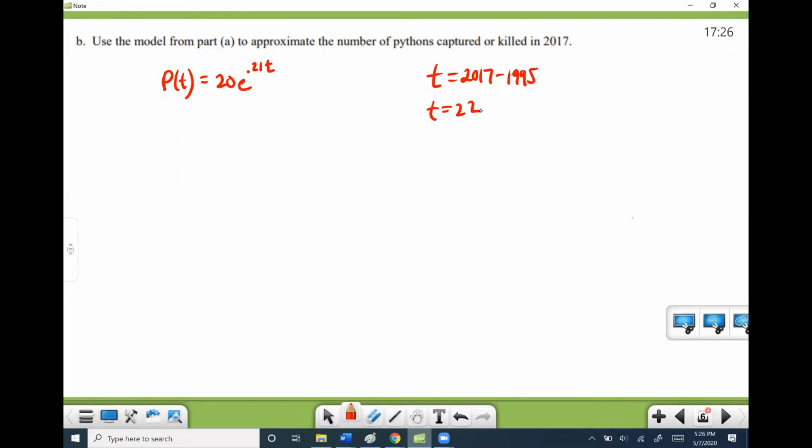So we're gonna go ahead and substitute 22 in for the T. So the population at 22 is gonna be the population of the captured or killed, right? Okay. So 0.21, actually I think my calculator is good enough to plug it in as is.